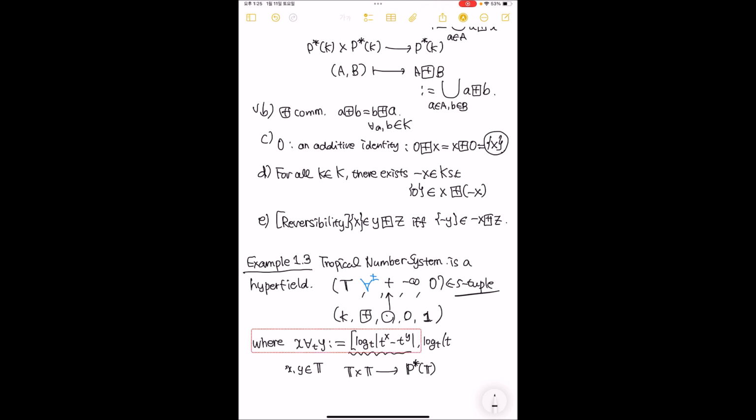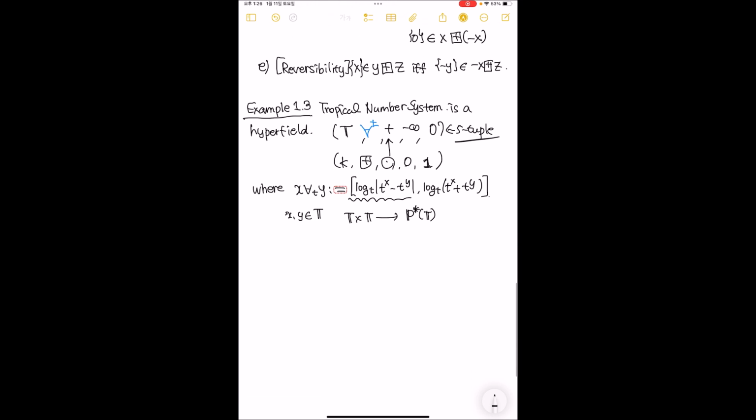Oh, that is very strange. But when we view the tropical number system as a field structure, especially a hyperfield structure, we can see this.